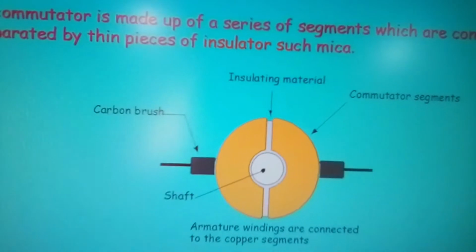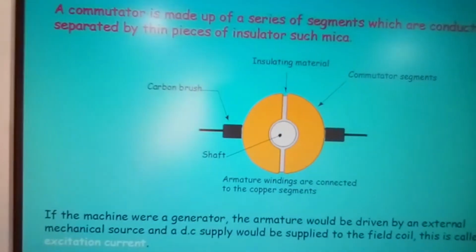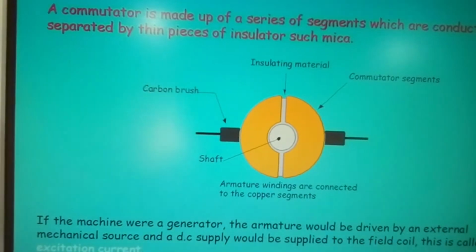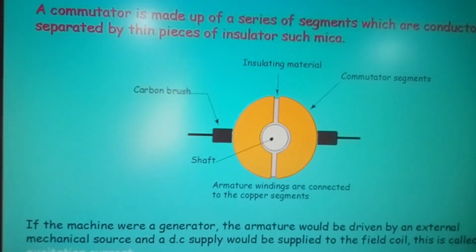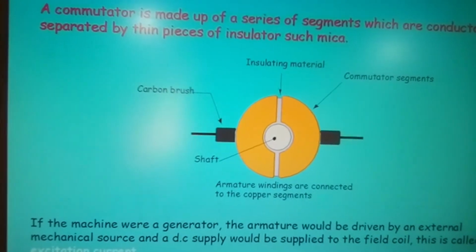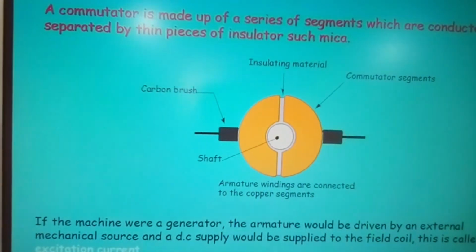A commutator is made up of a series of segments which are conductors separated by thin pieces of insulator such as mica. Mica is basically compressed paper.